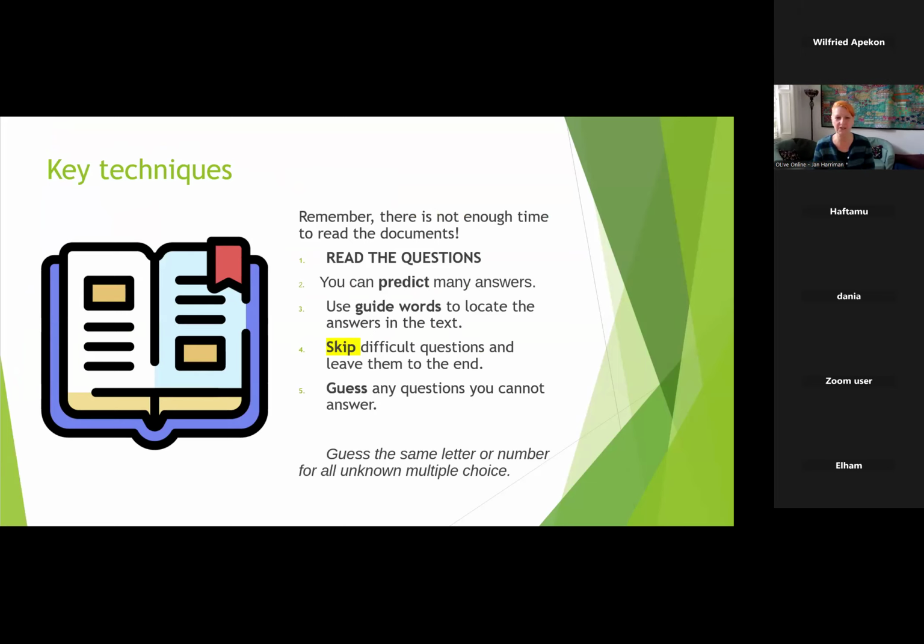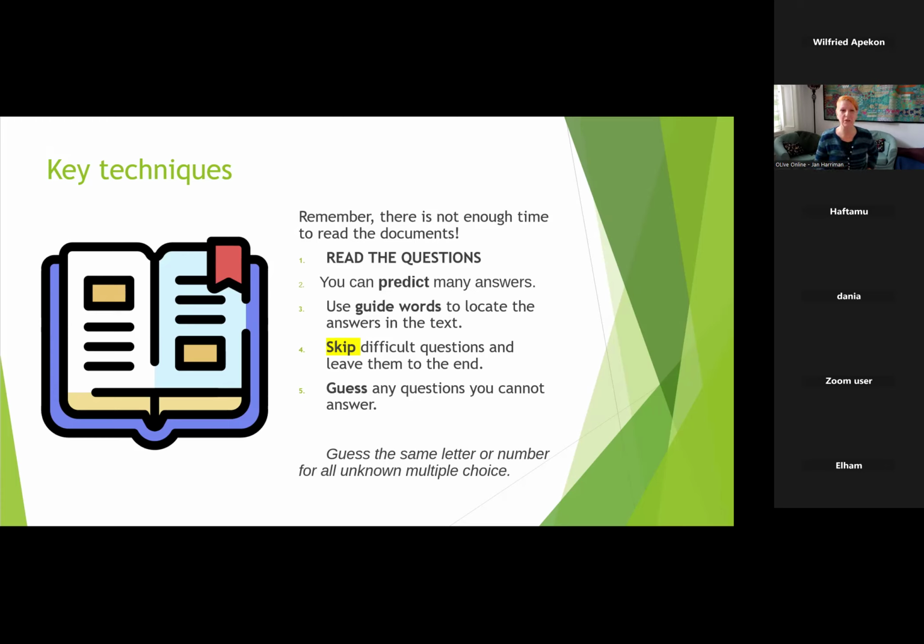There are 40 questions. You cannot read 3 documents and answer 40 questions in 60 minutes. However, you can read the questions and skim, scan, and survey the documents to find the answers. That you have time for.